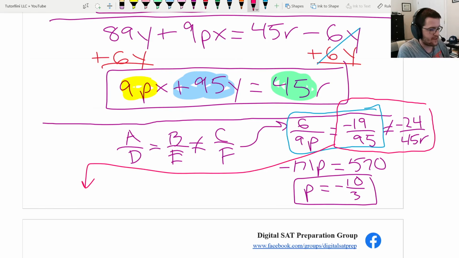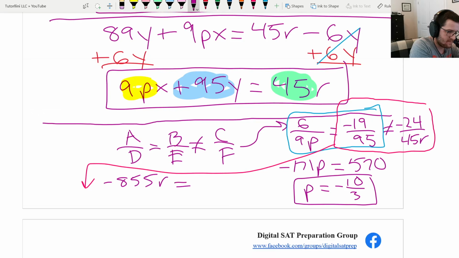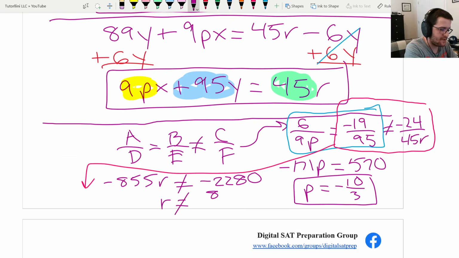So 45 times negative 19 is negative 855r, and it's not equal to 95 times negative 24, which is negative 2280. And we divide both sides by negative 855, and we should get r is not equal to 8 over 3.